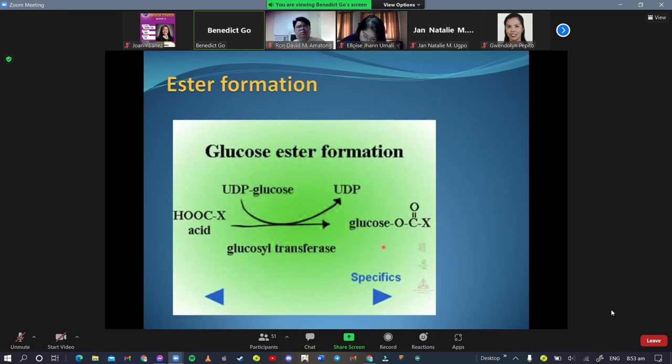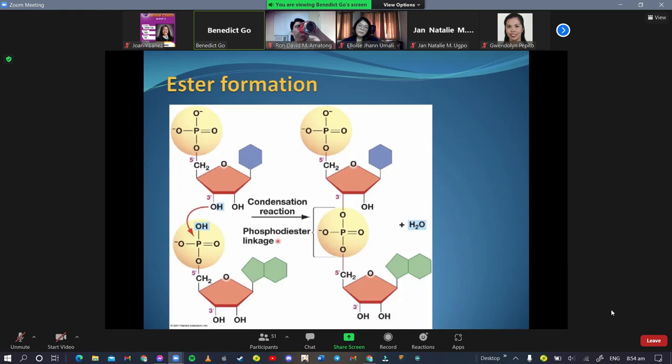You will learn about this more when we study glycoproteins. But for now, just take note that as the glucose is donated and attached to the elongating glycoprotein, it forms an ester bond. You can also find ester bonds in the phosphodiester linkage in your DNA backbone.